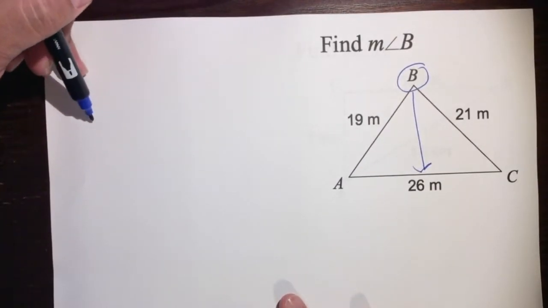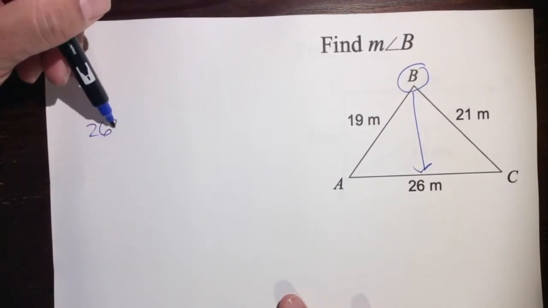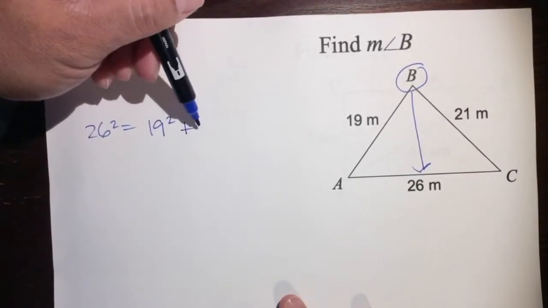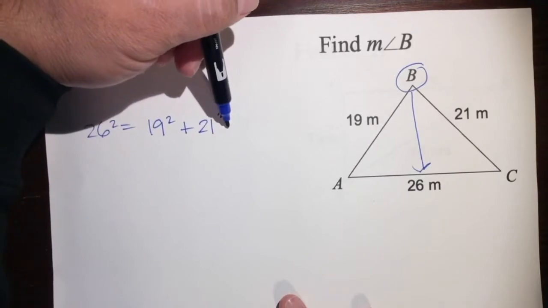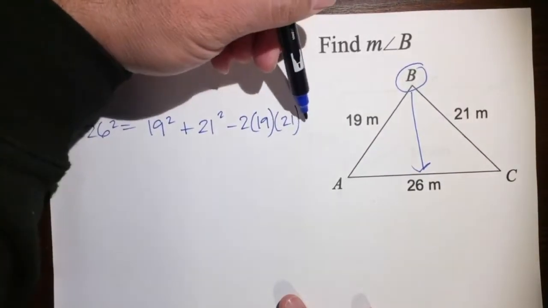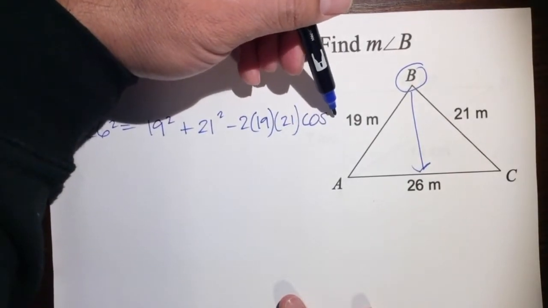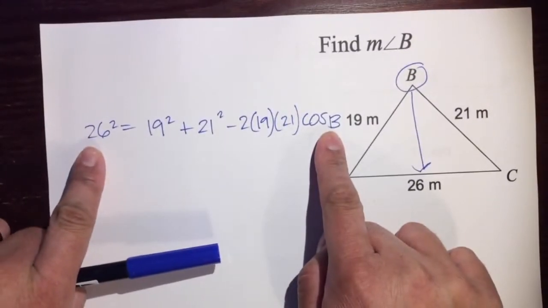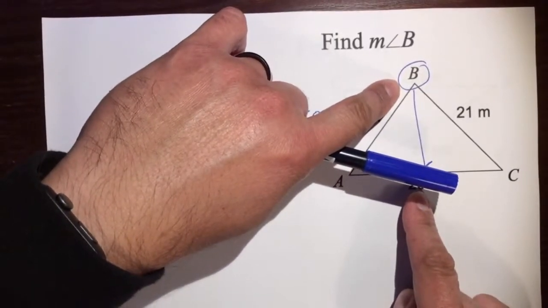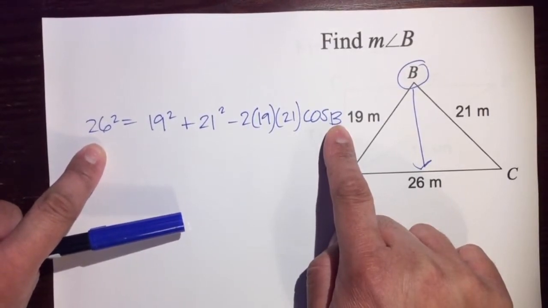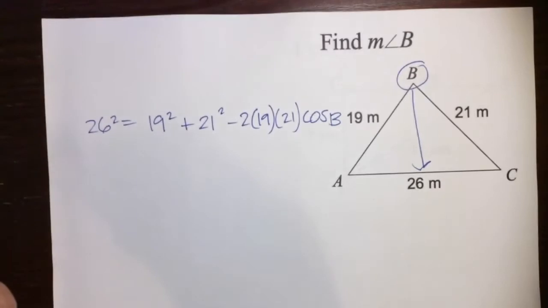So we're going to write 26 squared is equal to 19 squared plus 21 squared minus 2 times 19 times 21 times cosine of B. Okay, so the opposites in the triangle that we're trying to find are on the opposite ends of our law of cosines.